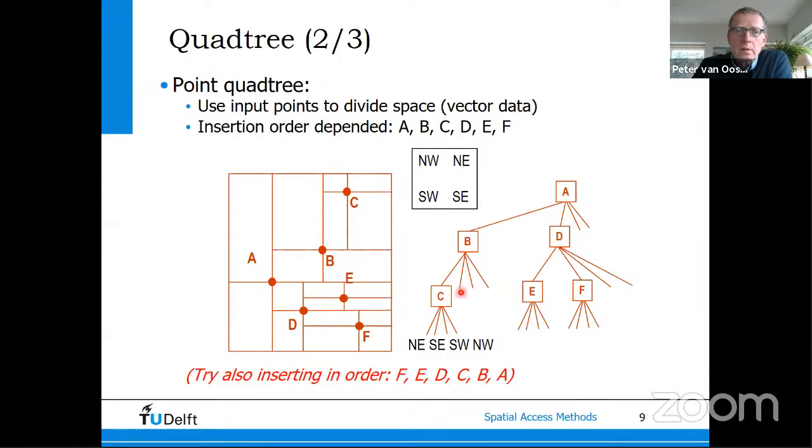And it splits this space over here into 4 parts. Okay, and so on when E and F arrive. Note that the structure is depending on the order. So if you would insert the points in a different order, you would get a different tree. But all these 3 help you to do a search.